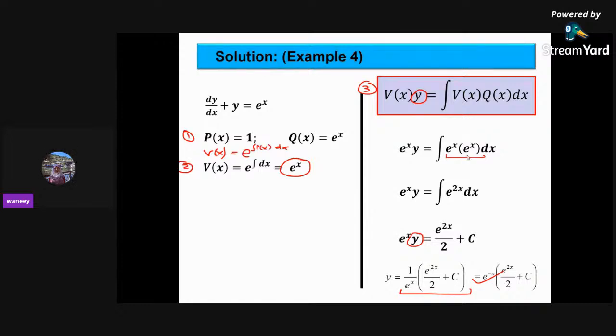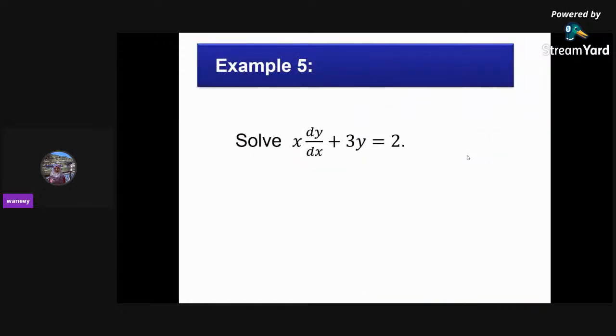Okay, next. To solve x dy over dx plus 3y equal to 2. Now we're going to compare with the general form dy over dx plus pxy equal to qx. So now we need to ask ourselves, is the coefficient of the question 1?